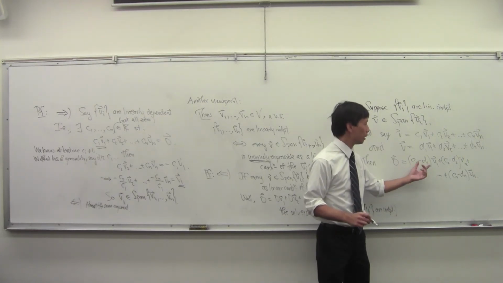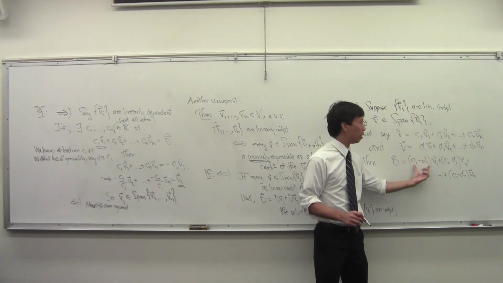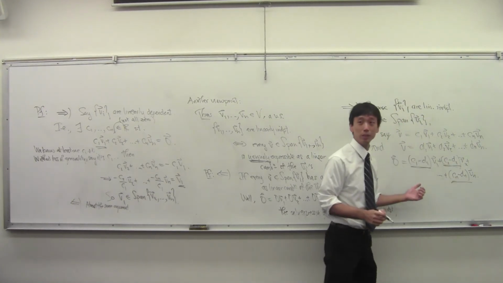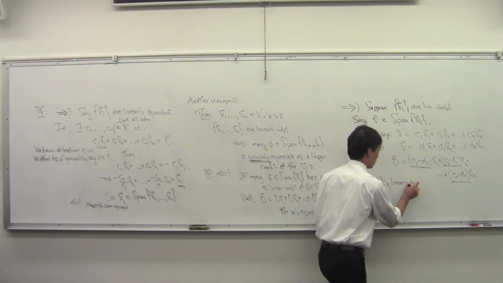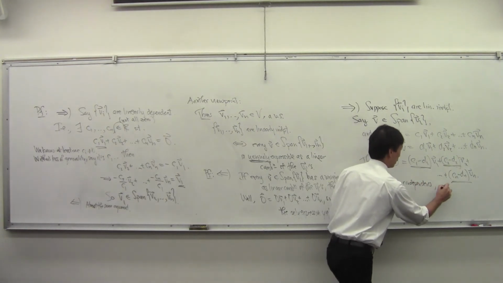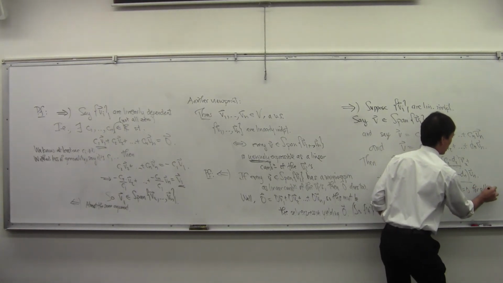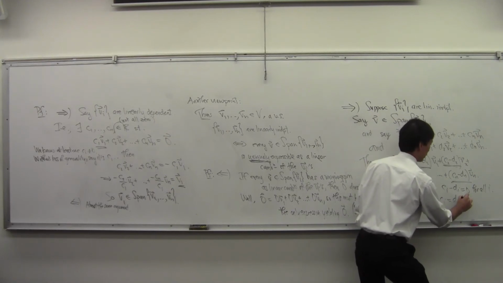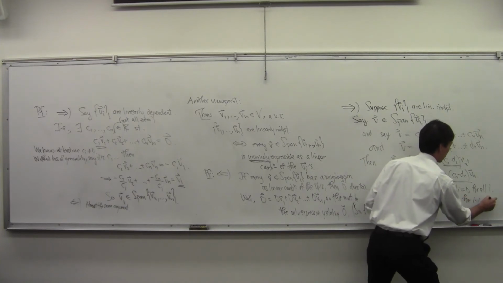Well, look, this is a way of getting the zero vector. Since they're linearly independent, all the coefficients must be zero. By linear independence, ci minus di must be zero for all i. In other words, ci and di are the same for i going from one to n.